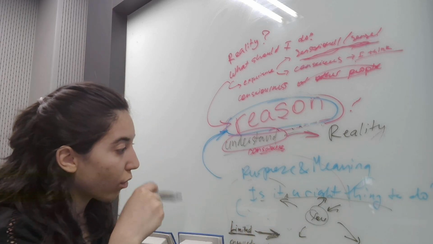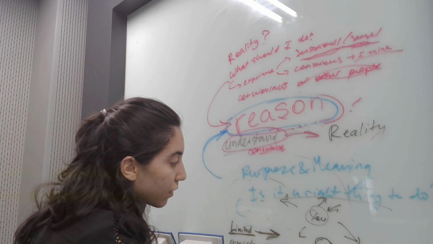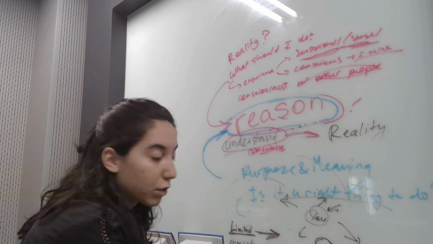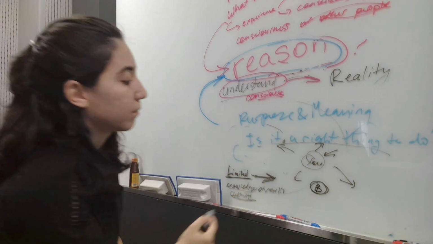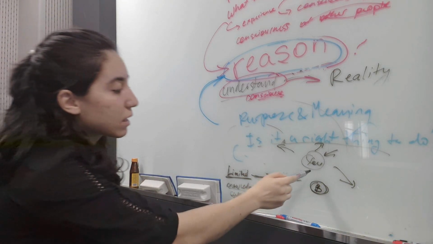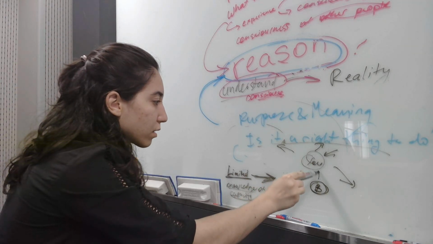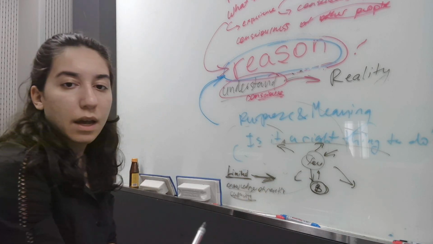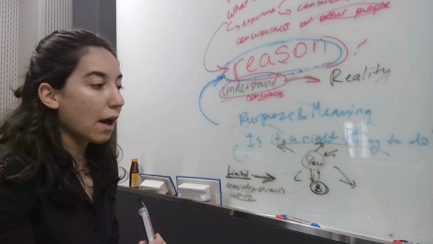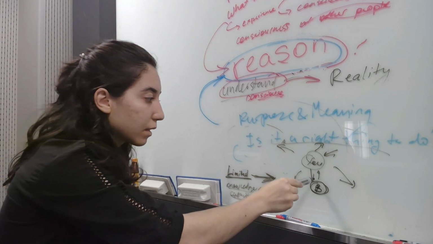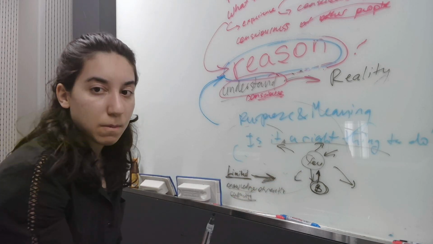Now you go through your life doing some things and you meet some person B. You interact, because someone does something.